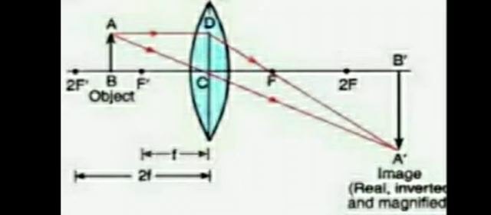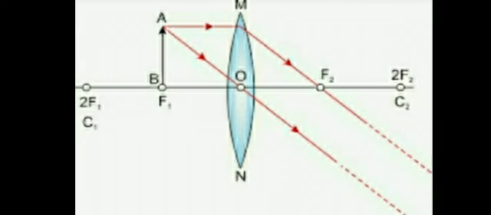It is larger in size than the object, real and inverted. So if the object is placed between F1 and 2F1, the image is formed beyond 2F2, larger in size than object, real and inverted. Now, fifth case, when the object is at F1.